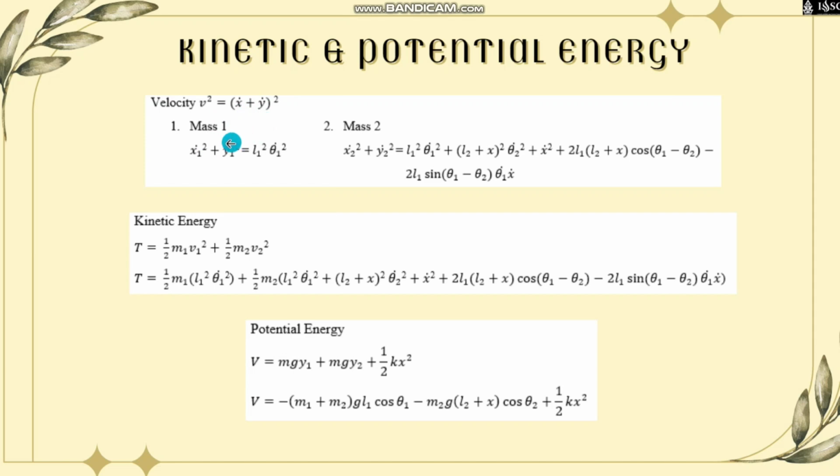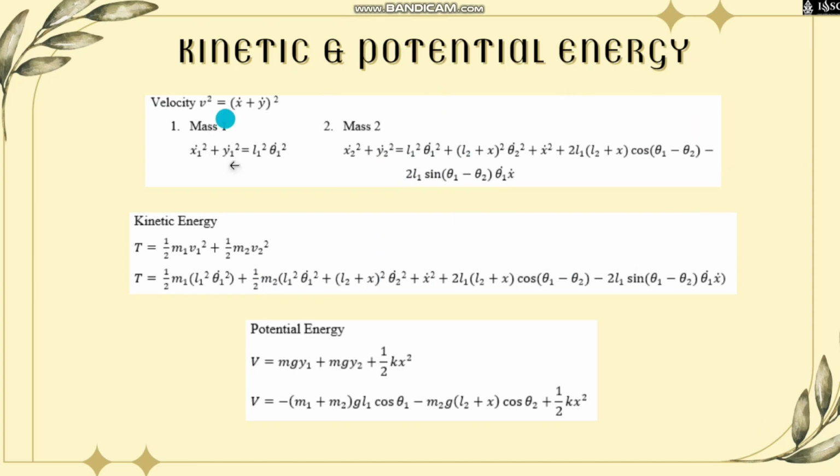So for mass 1, we can sum the variables that we have before: x1 dot squared plus y1 dot squared is equal to L1 squared theta 1 dot squared. And for mass 2, x2 dot squared plus y2 dot squared will equal to this equation.